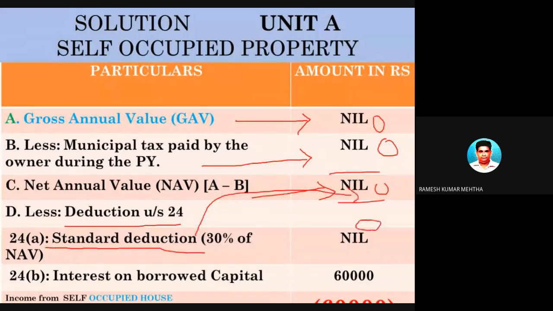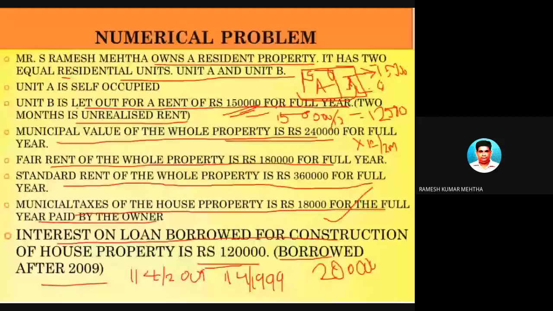Now, as the house property is similar, 50% here and 50% here, as already mentioned in the problem, for the whole house property he is paying interest on the construction of 1,20,000 rupees.